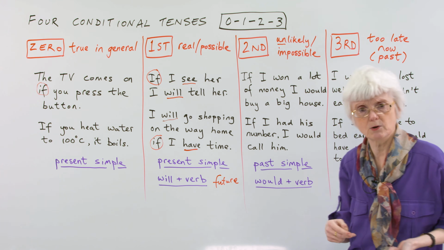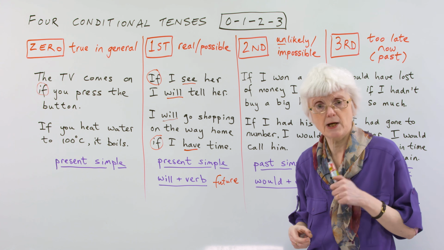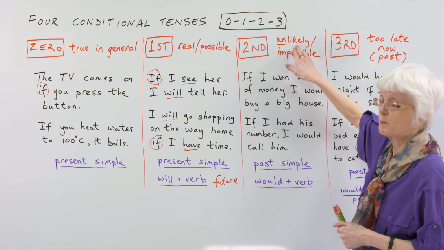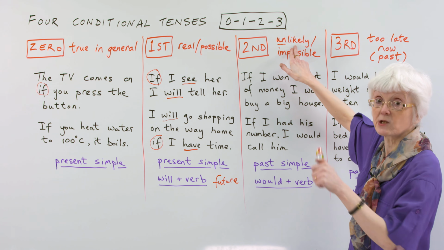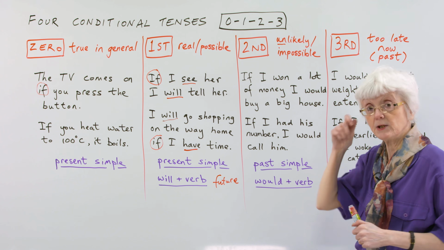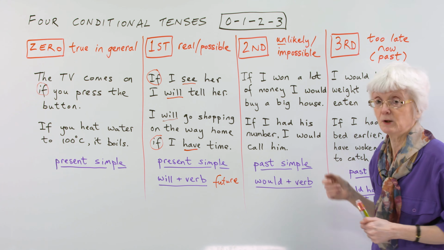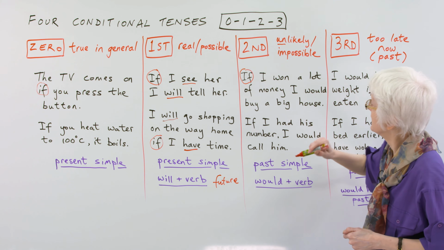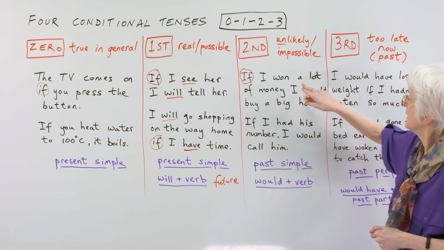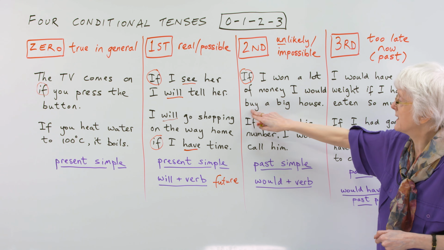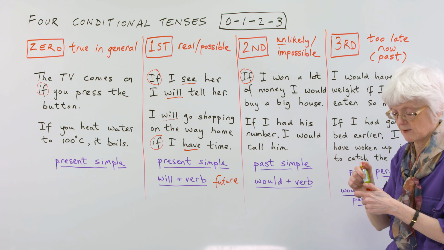So that's not probably going to happen. So it's either impossible or probably not going to happen, unlikely. So second conditional. So let's have a look at the examples here. So we still have if. If I won a lot of money, I would buy a big house.